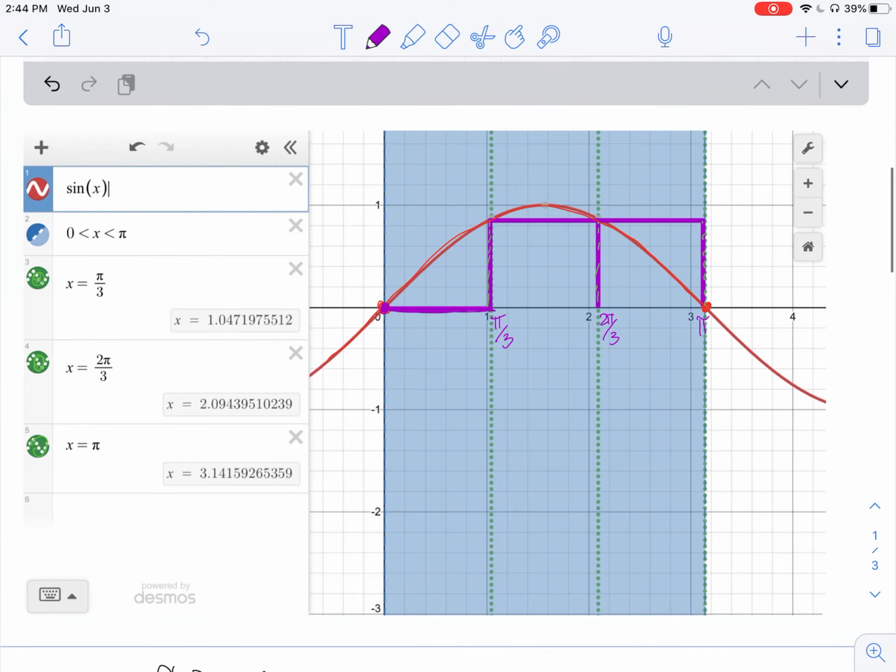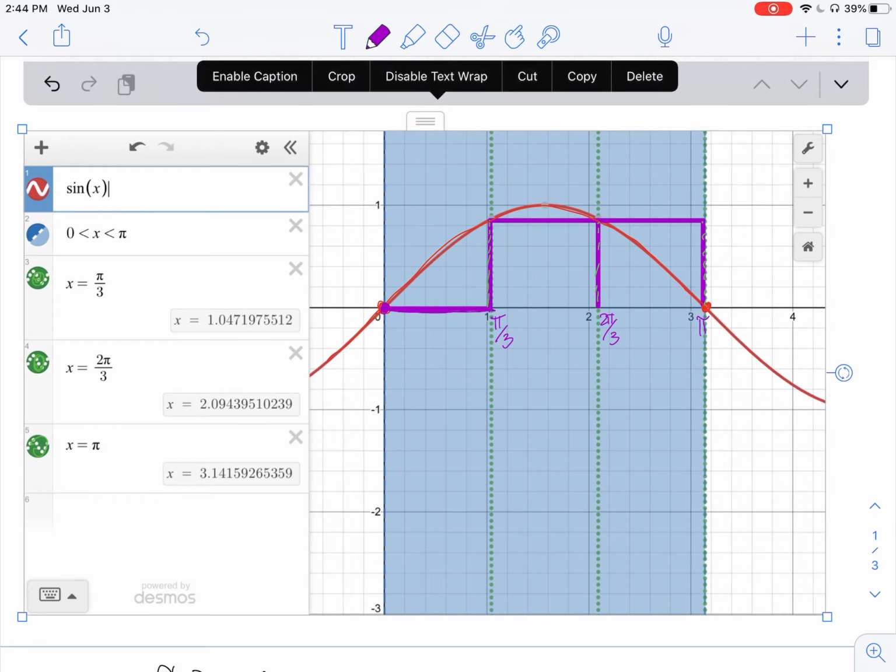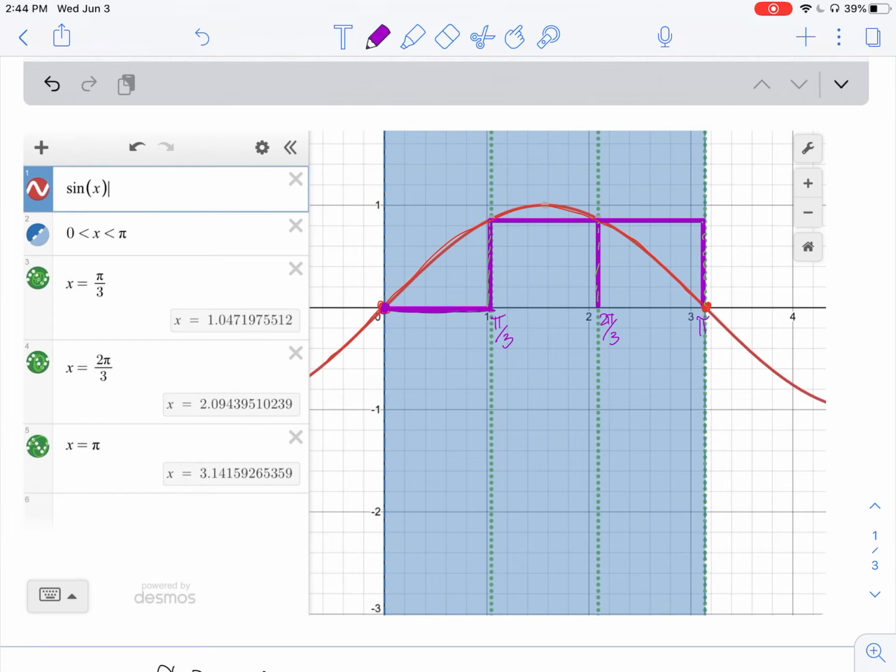But then my left-hand sum between pi over 3 and 2 pi over 3, so my height goes up to here, and then its horizontal distance goes over to 2 pi over 3. And then for the final rectangle, my height is right here, and then it finishes off.